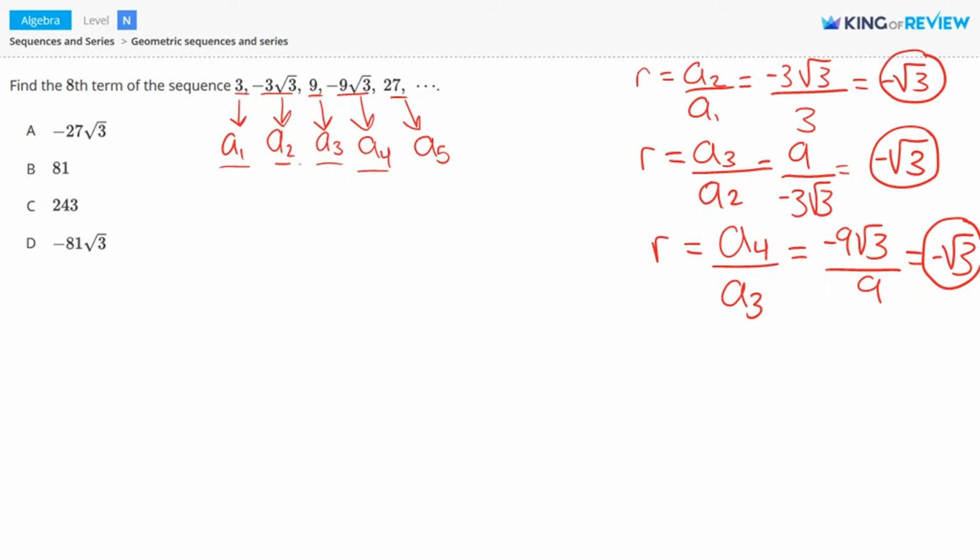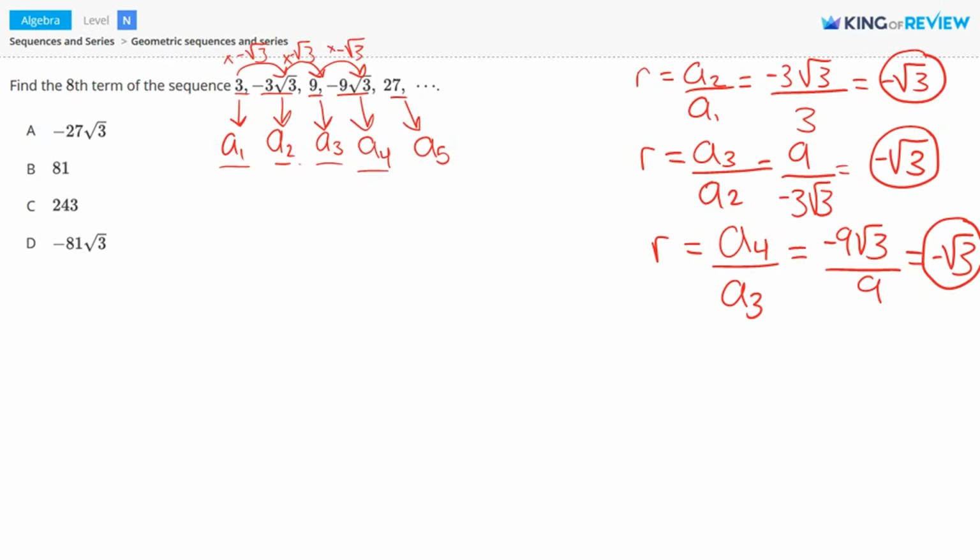So in other words, to get from the first term to the second term, you're going to multiply by a negative square root 3. To get from the second term to the third term, you'll multiply by negative square root 3. And this pattern continues. To get from 9 to negative 9 square root 3, you multiply by a negative square root 3.